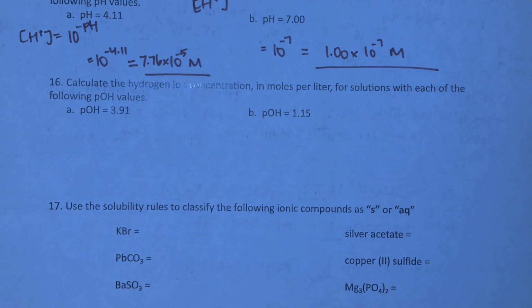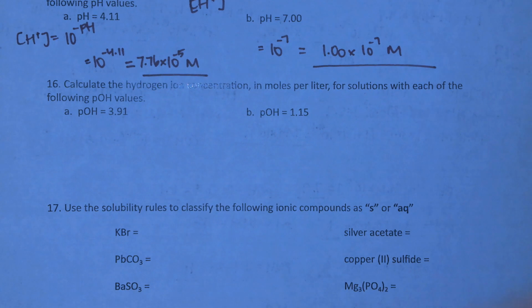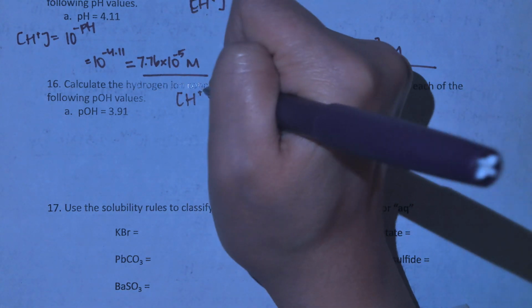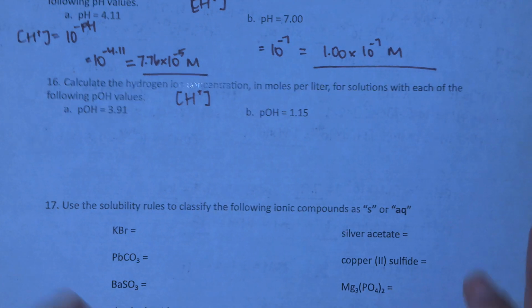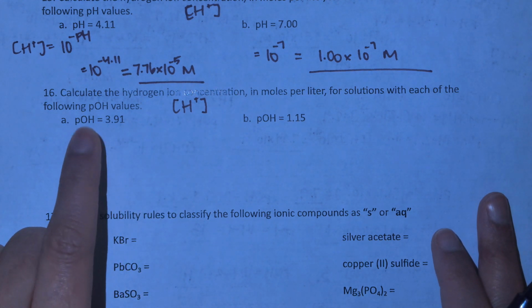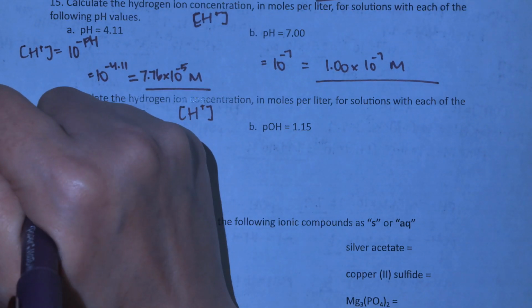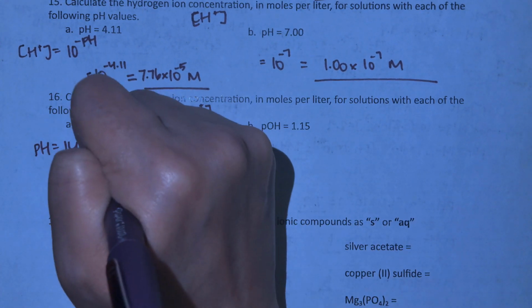Awesome possum. Okay, so calculate the hydrogen ion concentration. So again, the H. If you have the pOH, so again, H goes with pH. So how do I find pH from the pOH? We subtract from 14.